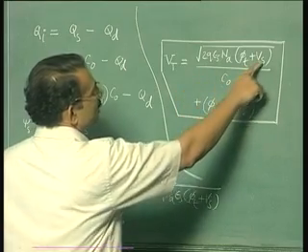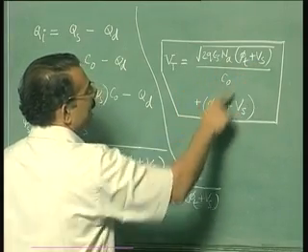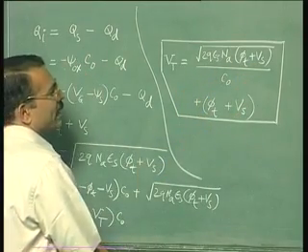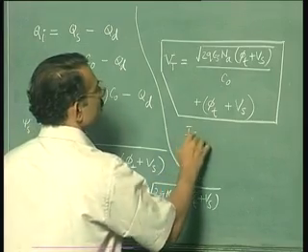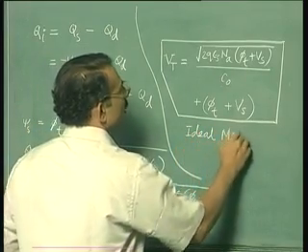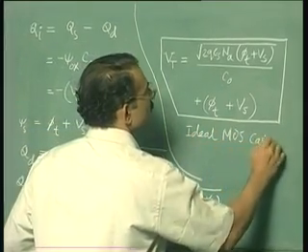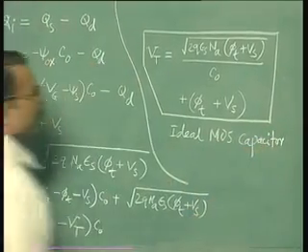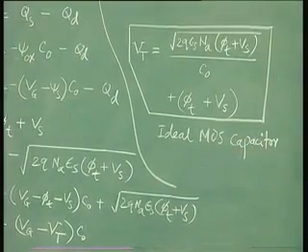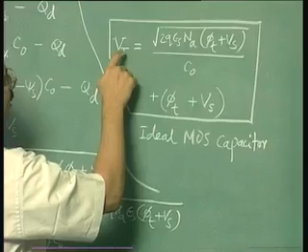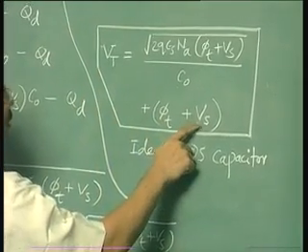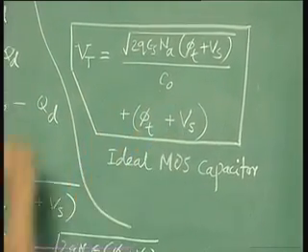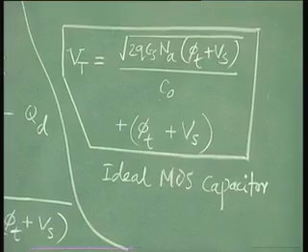If you substitute Vs equal to 0, you end up getting that expression which we derived for ideal MOS capacitor earlier. So this is the body effect, the increase in threshold voltage with Vs. Clearly the right hand side increases as you increase the Vs.